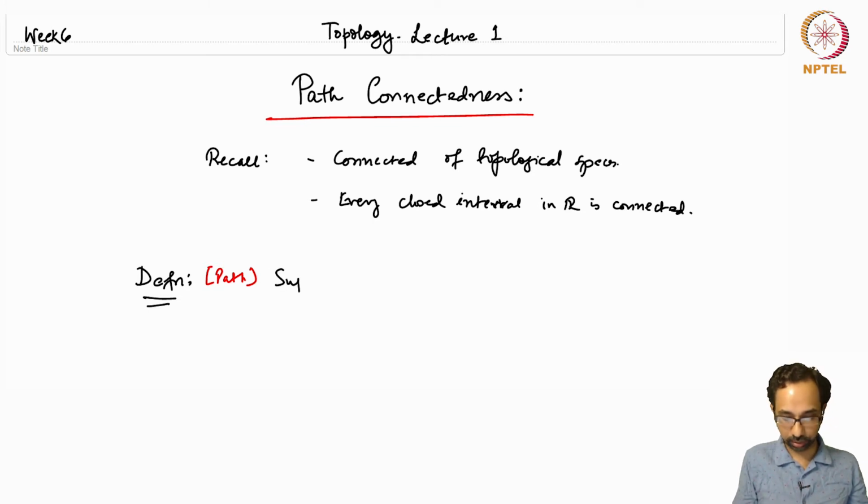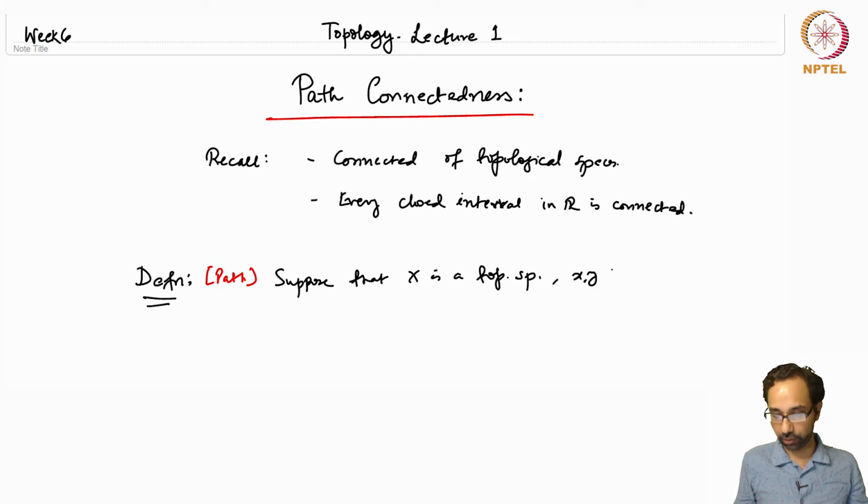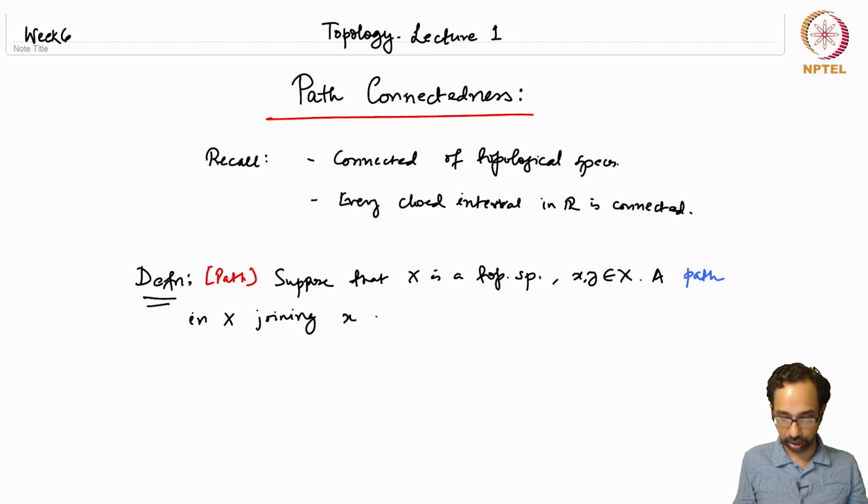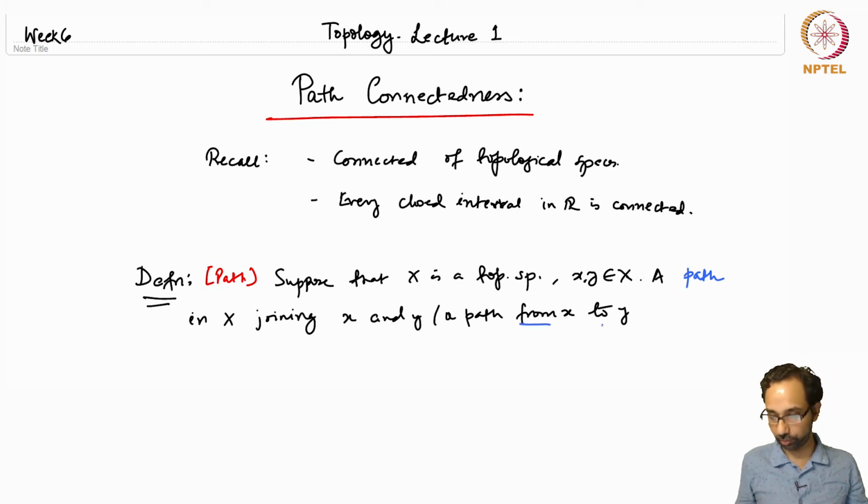So suppose that X is a topological space and X and Y are 2 points in X. So a path in X joining X and Y, or we can also say a path from X to Y. Okay, so we can use both these terminologies for a path.